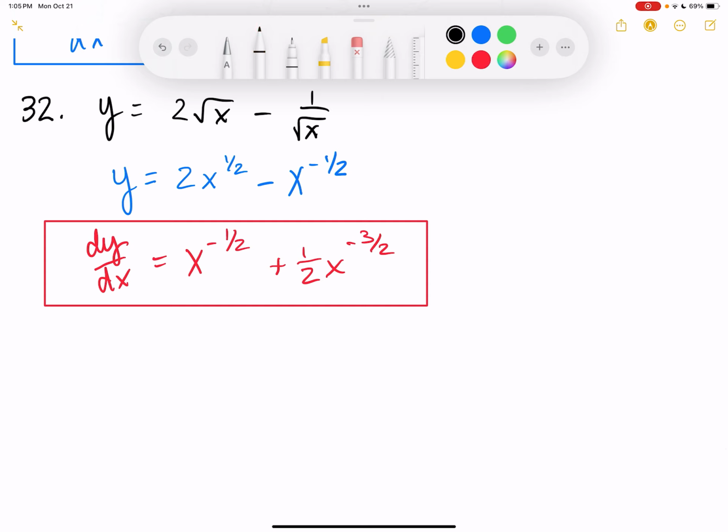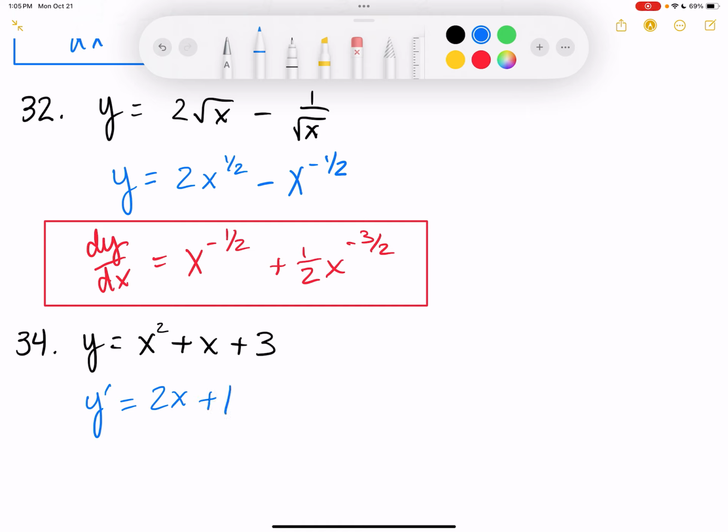Find the first four derivatives of the function y equals x squared plus x plus 3. So what's the derivative? 2x plus 1.